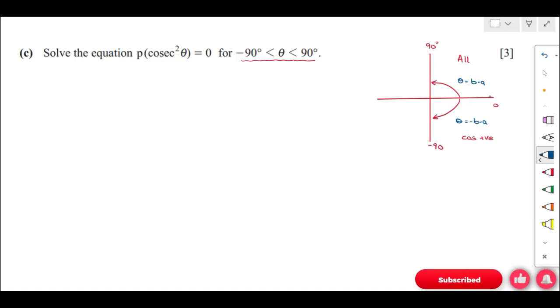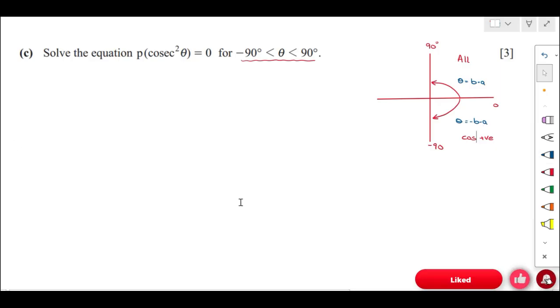And for 0 to negative 90, you move in the clockwise direction, in the fourth quadrant where only cos is positive, so you have to reverse it, right? So here theta is minus the base angle.